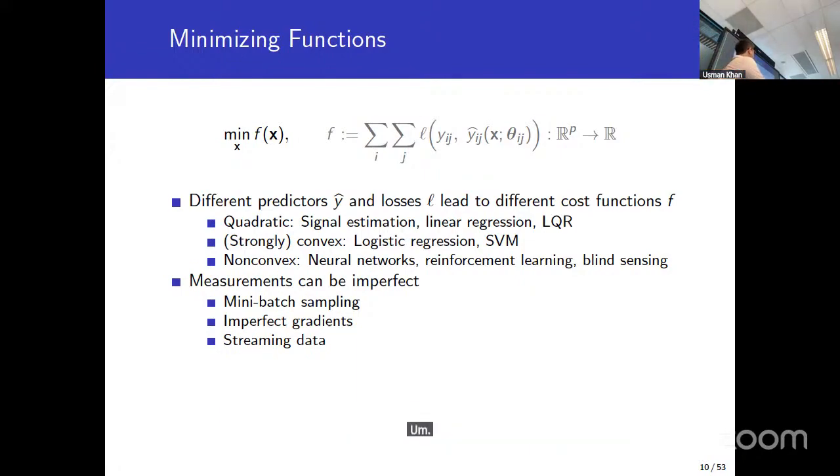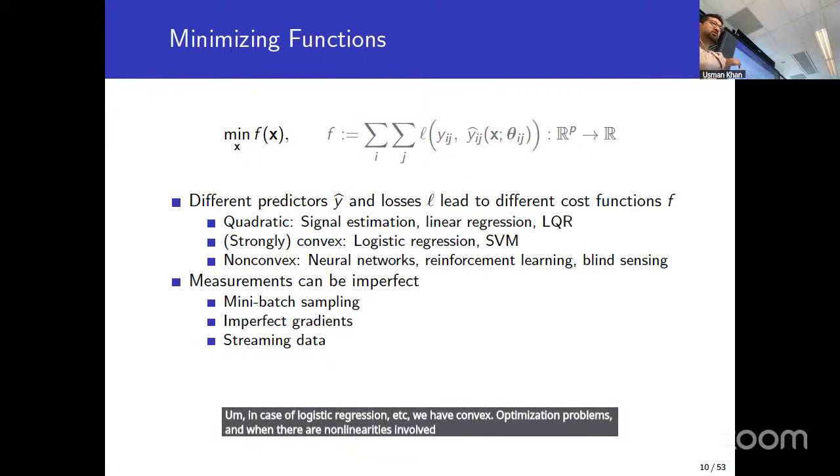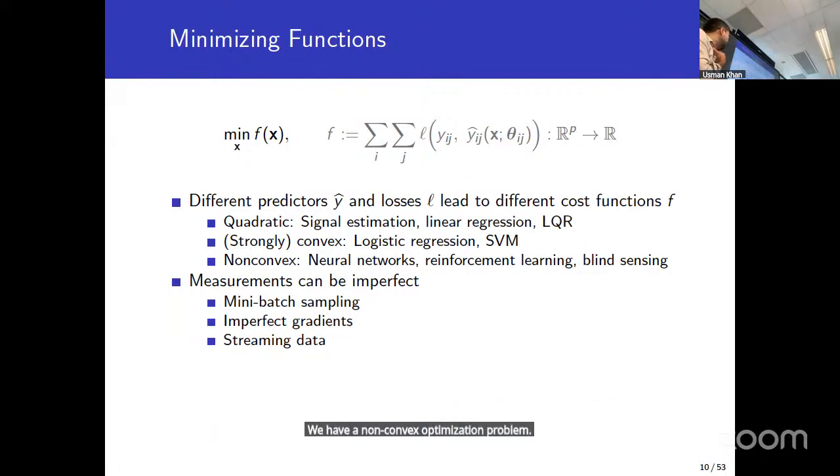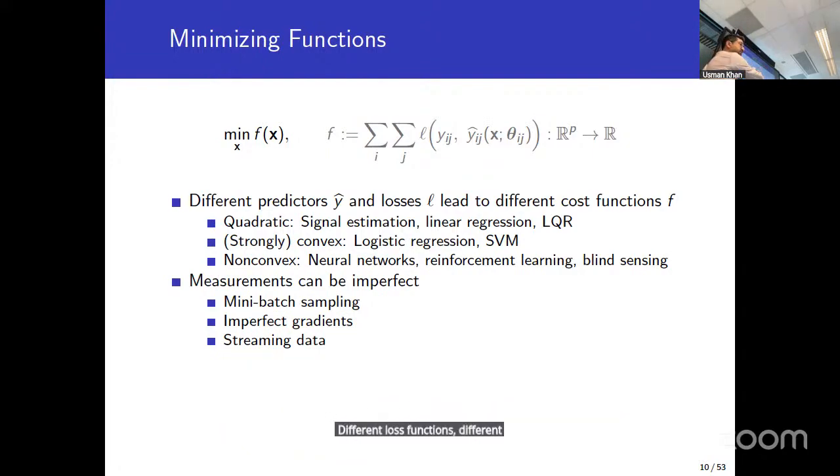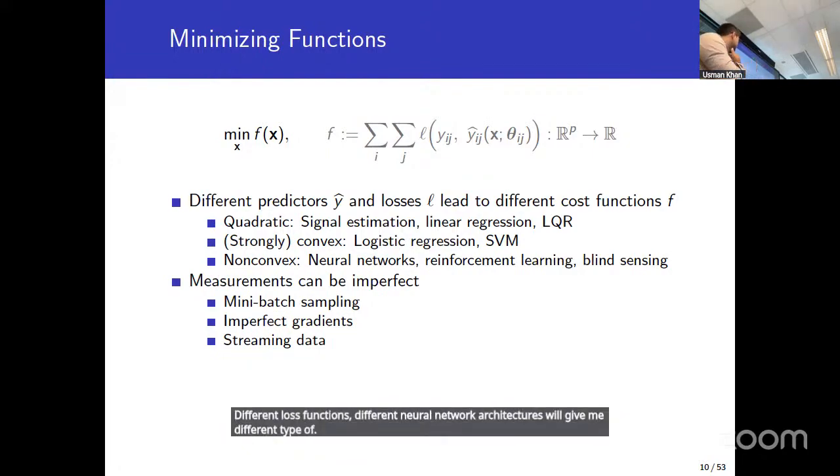In case of logistic regression, etc., we have convex optimization problems. And when there are nonlinearities involved in your prediction or in your loss function, then we have a non-convex optimization problem. And if I want to solve a distributed minimization problem, which is training certain machine learning models, then different loss functions and different neural network architectures will give me different types of loss functions.